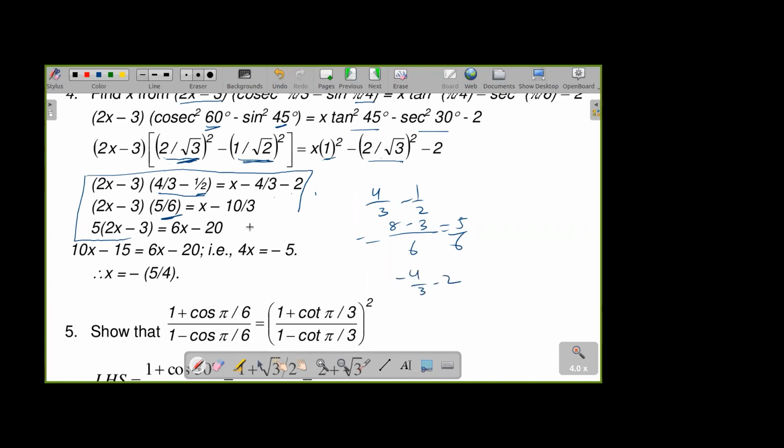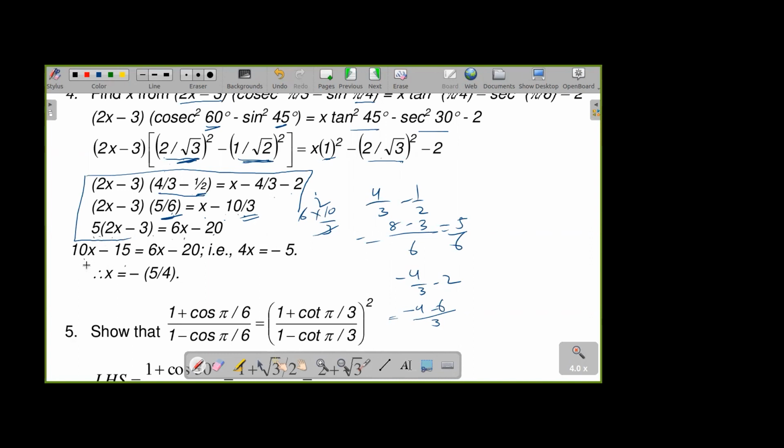So now 6 is multiplied opposite side. It will be 6x minus 6 into 10 by 3 will be 20. Got it? 6 into 10 by 3 is 20. So next 5 into 2 10x, 5 into 3 15 equals 6x minus 20.